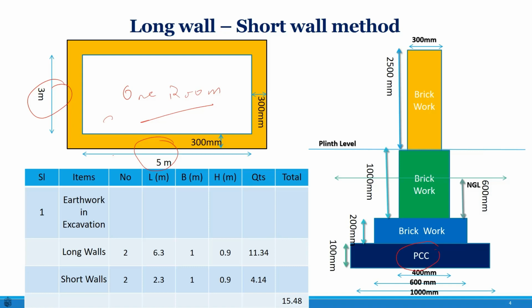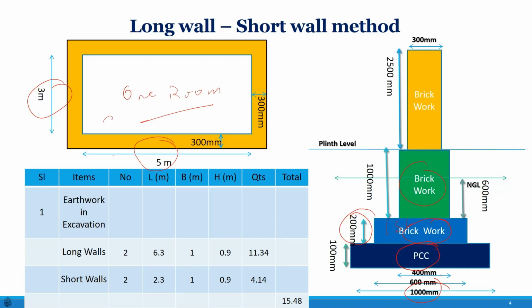You have PCC, and the width of the PCC is 1 meter. Then you have the first footing level brickwork, which has a width of 600 mm and a thickness of 200 mm.